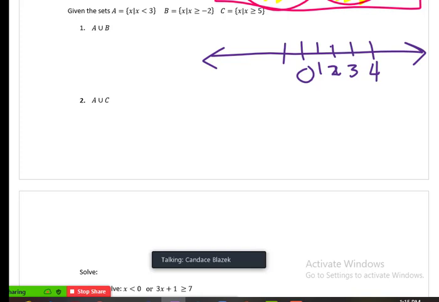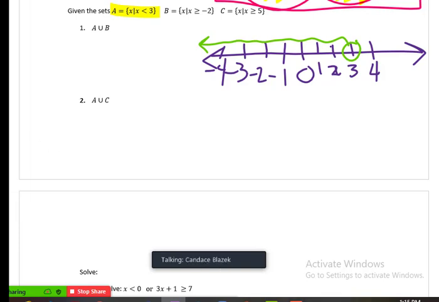I'm looking at what kind of numbers I need to draw my number line. Then I will start by graphing A. A is all the values that are less than 3. I don't include 3, but everything to the left. That's where I go, less than 3.